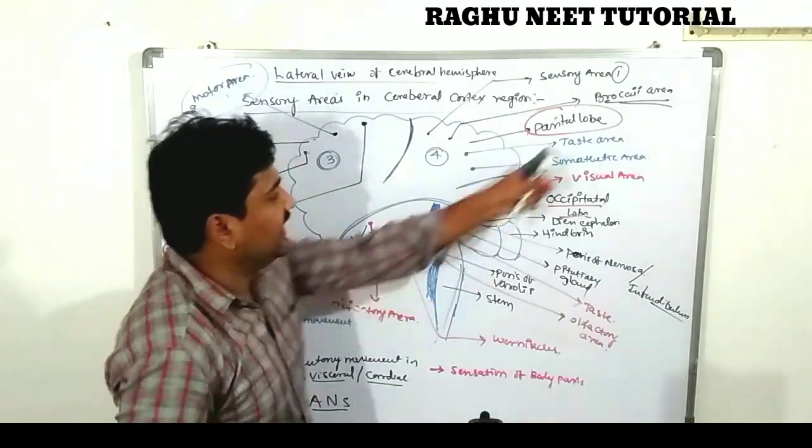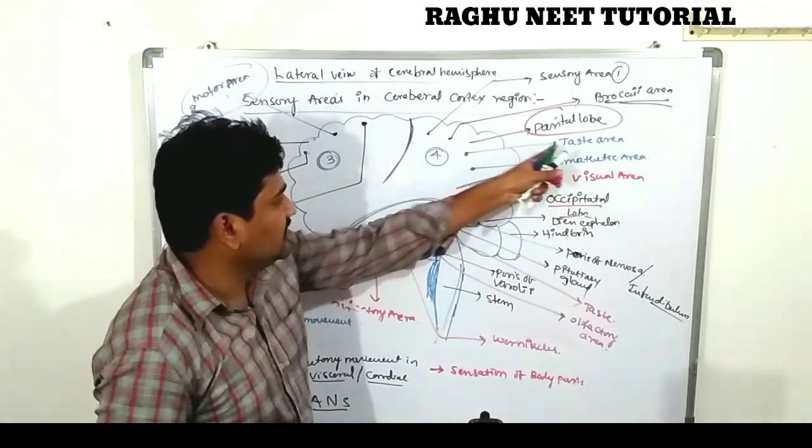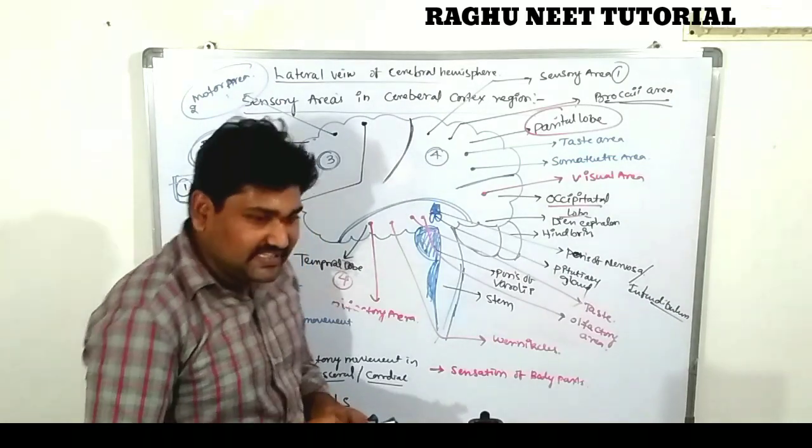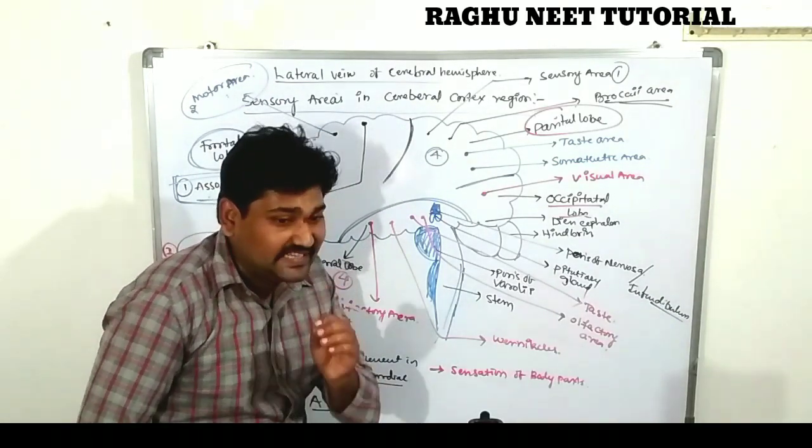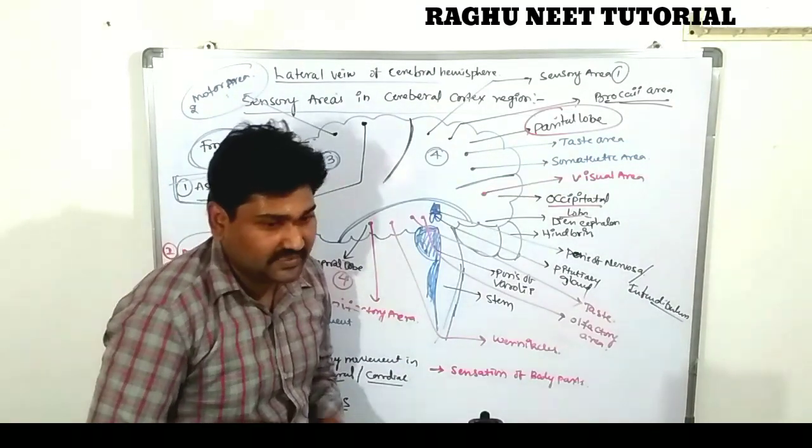Clear? These are located in the parietal lobe. Second one is the taste area. This taste area is useful for the perception of taste.